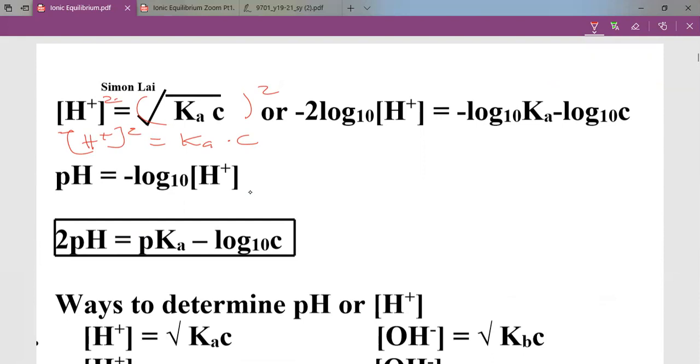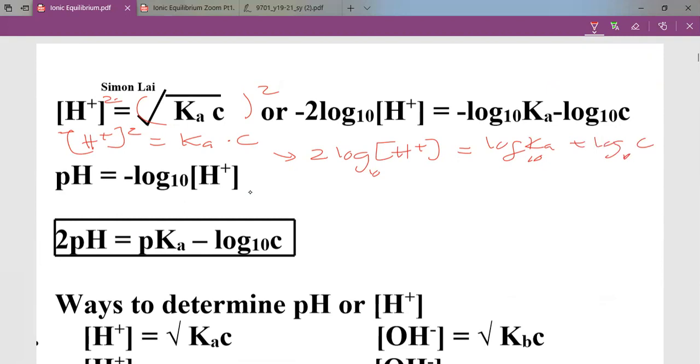Of course, those who are not good at maths, I'm not very good either. I put 2 log H+ equals log10 Ka plus log base 10 C.